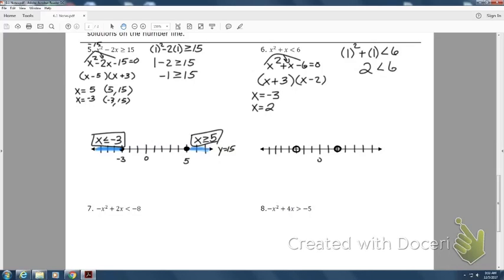Is that a true statement? So am I going to shade inside the dots or outside? Inside. And then again, you need to be able to write the statement that represents that. So you'd have negative 3 is less than x is less than 2.